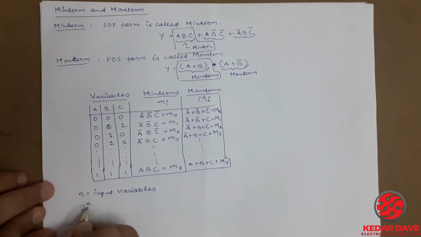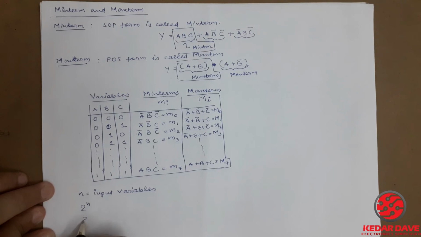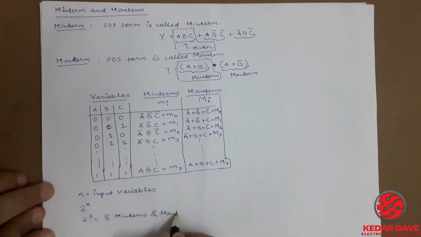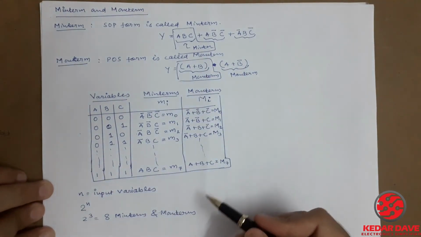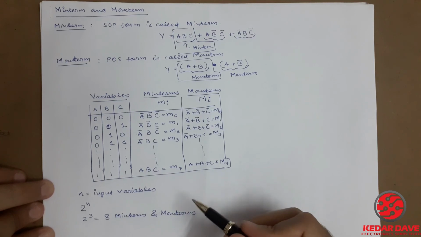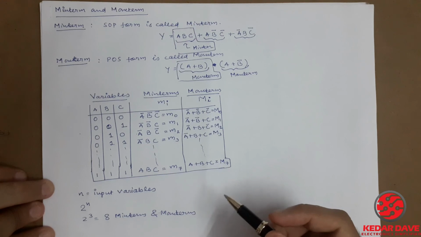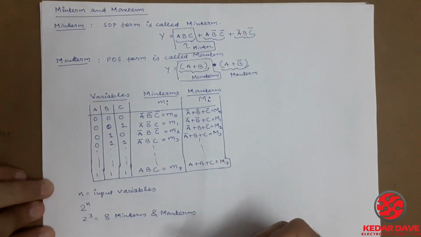For example, if we take 2 raised to 3, then there will be 8 minterms or maxterms at the output terminals. So this way the minterm and maxterm concept can be understood. So I hope all of you get a brief idea about the minterm and maxterm.